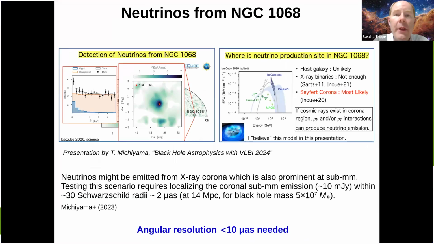Well, there are quite a few other science cases which have been discussed in this context. Some of them are more exotic than others. One example, which we discussed a few years ago, was this one. NGC 1068 is a nearby active galaxy, about 14 megaparsecs away.